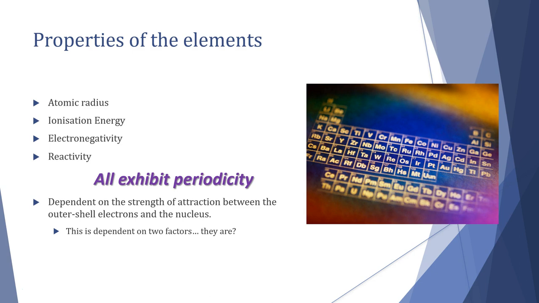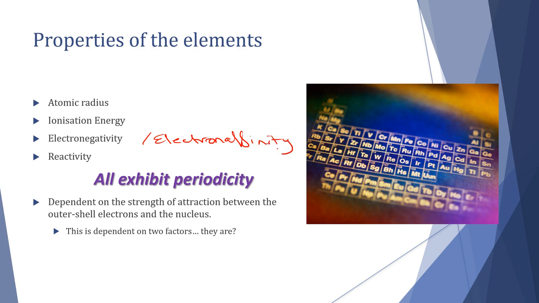So as we said with the periodic table, one of the reasons it's so useful is because we see these repeating patterns, or periodicity, in a number of different behaviors of the elements. So some of the properties that we need to look at are things like atomic radius, ionization energy, electronegativity, and electron affinity, which is the opposite of ionization energy.